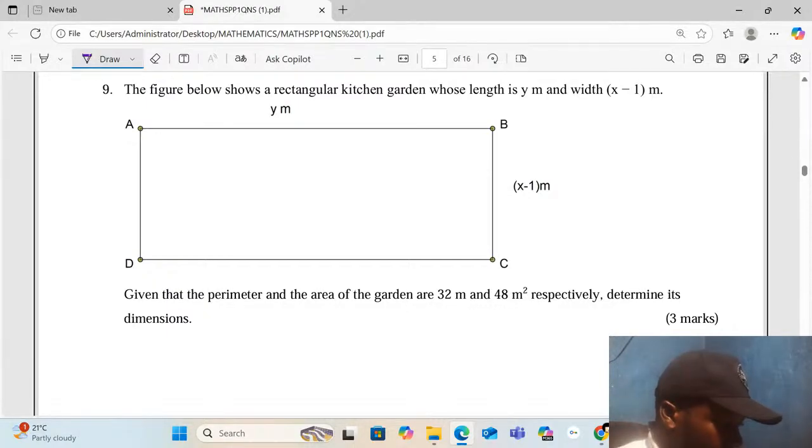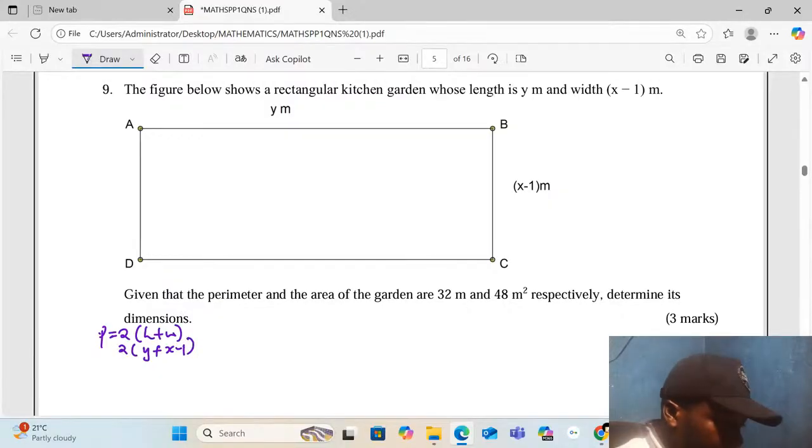We know that to find the perimeter, it is 2 multiplied by the sum of y plus x minus 1. The perimeter is equal to 2 into length plus width. So we shall have 2 into length, which is y, plus x minus 1.